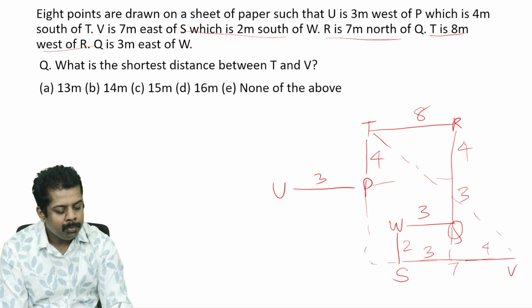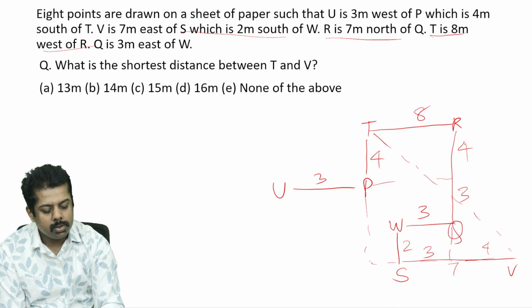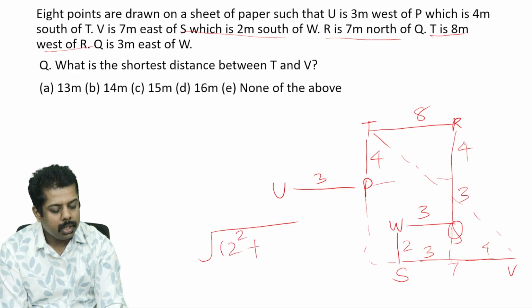So the base of the triangle is 12. Now finding the height: this much is 4, then this much is 3, so 4 plus 3 is 7, then this is 2, so the total is 9.